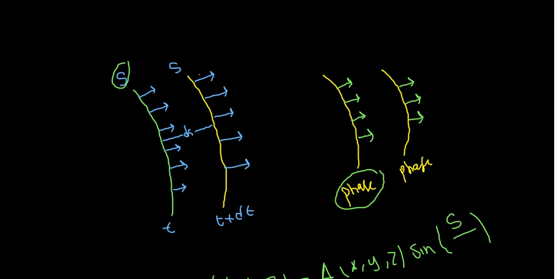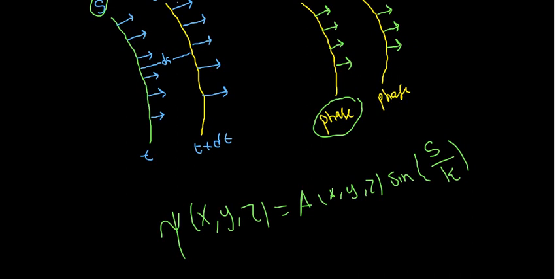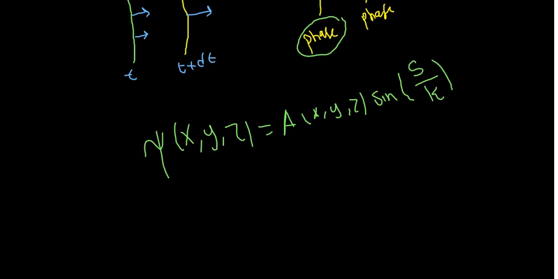But actually he divided that by a constant k, because this action has units, and we know that the argument of sine has to be unitless, so we add this constant to clear the units. Now what he's going to do is easy.